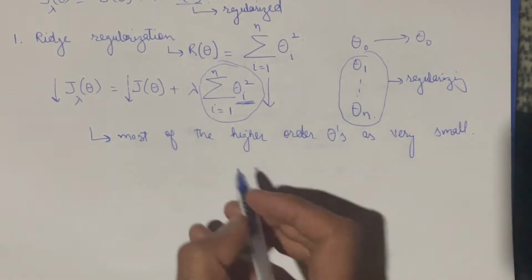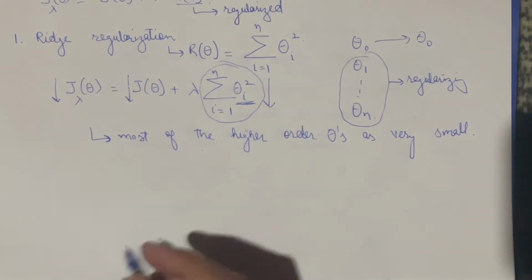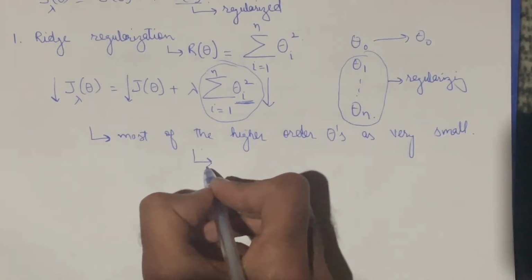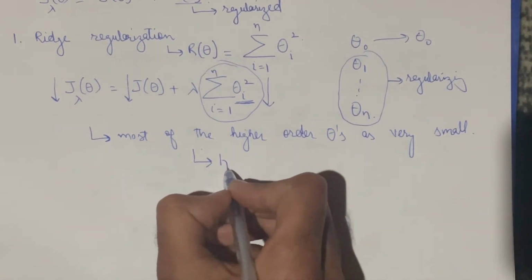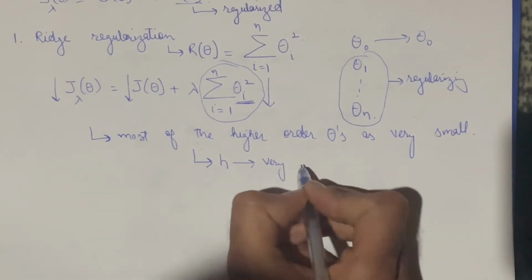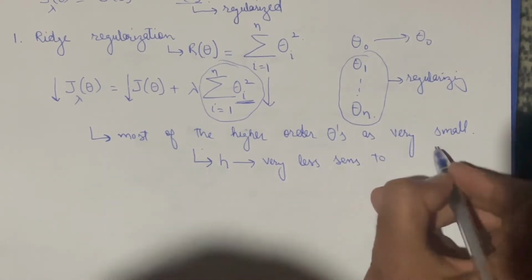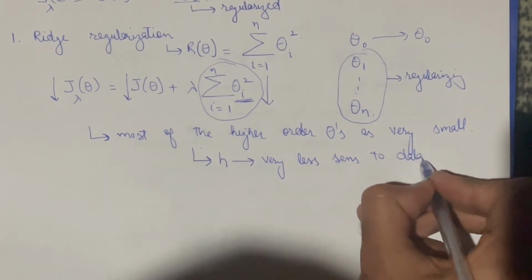By making these very small, the new theta parameters that we get will give us a hypothesis function that is very less sensitive to data variations.